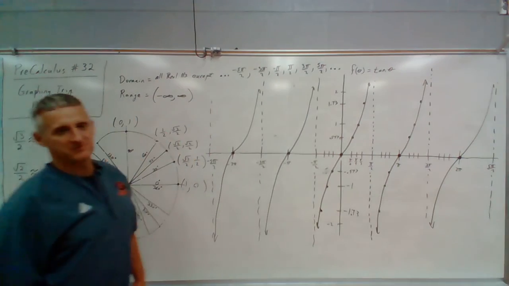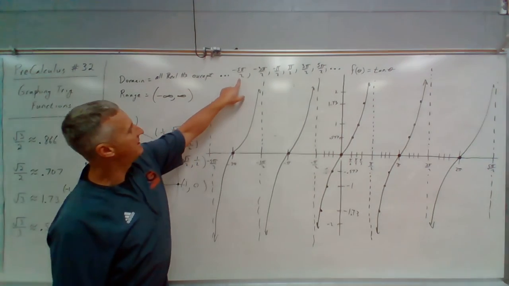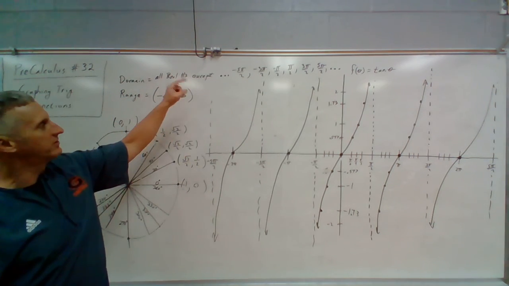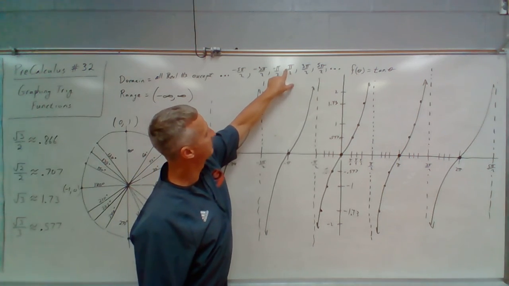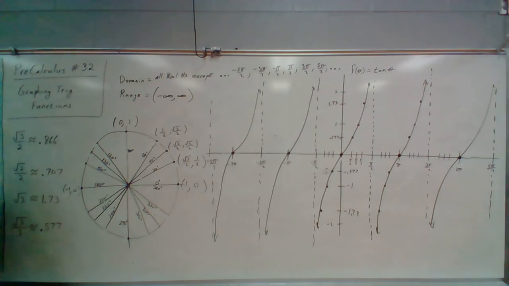And on like that forever. Okay, so notice all the places where it's undefined, we have a 2 in the denominator and an odd number in the numerator. So always 2's, and then you have 1, 3, 5. The next one would be 7 pi over 2, 9 pi over 2, 11 pi over 2, and so on forever that way.